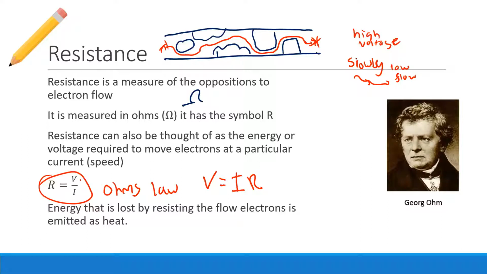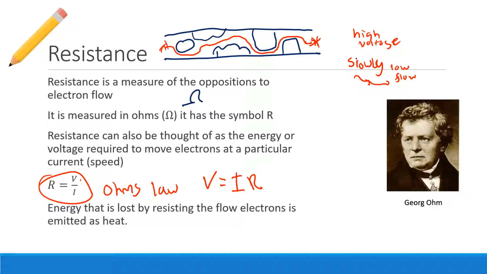Now, resistance obviously takes up energy. As the electrons are pushing their way through that wire, if it's really hard to push their way down that wire, they're going to have to spend some of their energy, some of their voltage, to get through the wire.